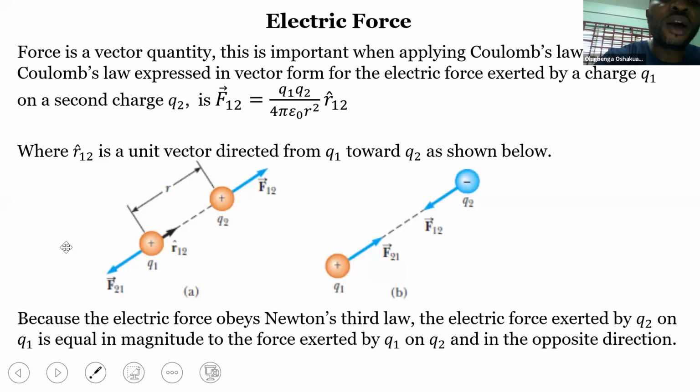So in scenario 1B, where Q2 is the landlord, the chairman, it's repelling Q1 in the direction R21 with a force F21.